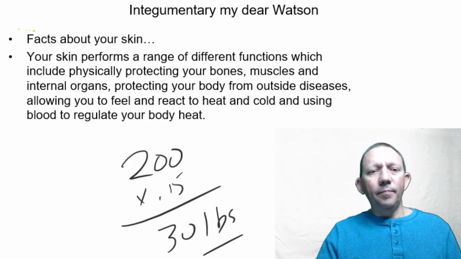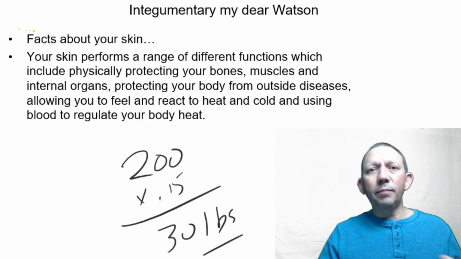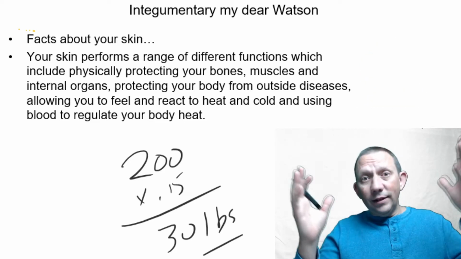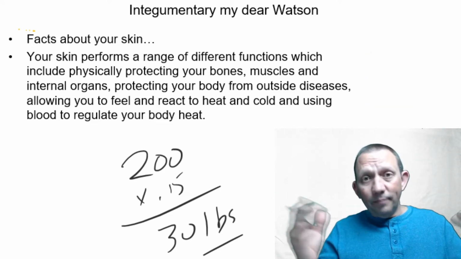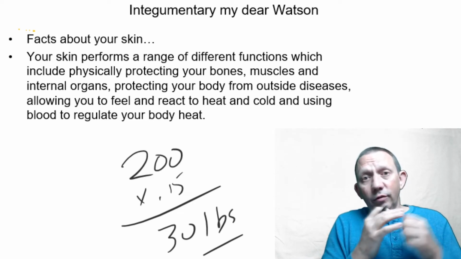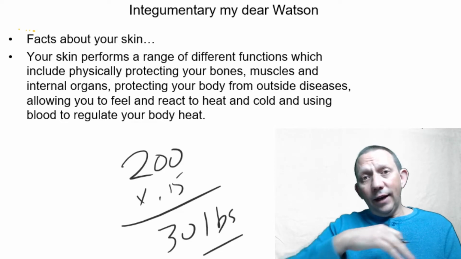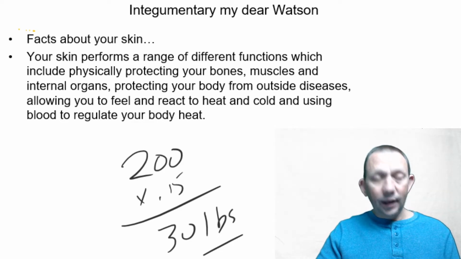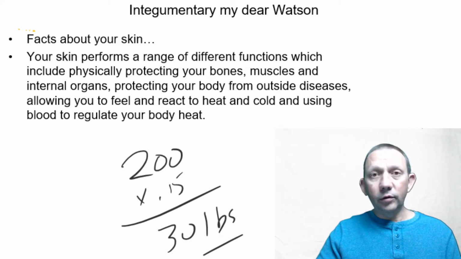Also helps you regulate body heat by either, if you get too hot, you sweat, and then the air evaporates the sweat, or the heat evaporates the sweat, and it makes the skin cooler, or you can shiver, or the little hairs on your arms can stand up like that. That's how we end up staying warm or cold with our skin.